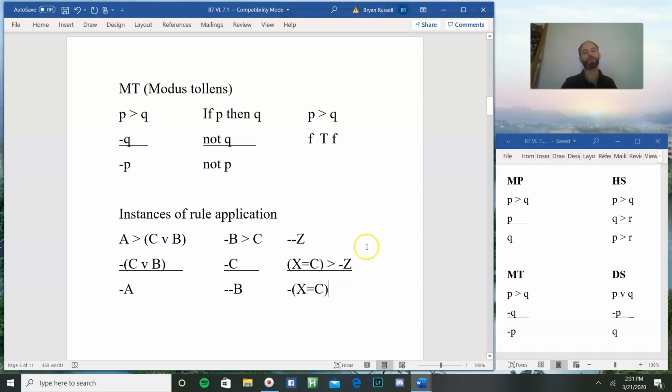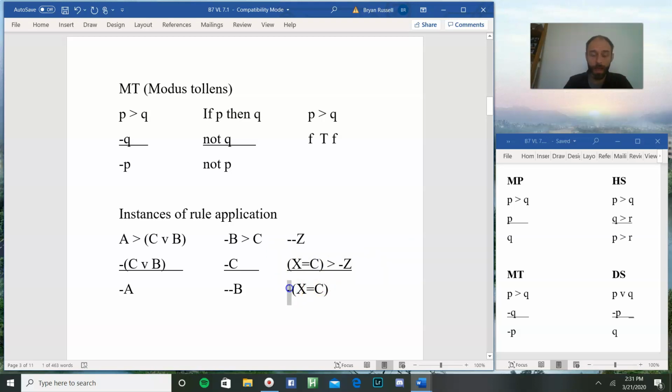All right, so one more example. Just like with modus ponens, where the line order didn't matter as long as we were given a horseshoe, and in the case of MP, the antecedent. Similarly, in the case of MT, if we're given a horseshoe as the main operator, and we're given the negation of the consequent, then we can derive the negation of the antecedent, what comes before the horseshoe.